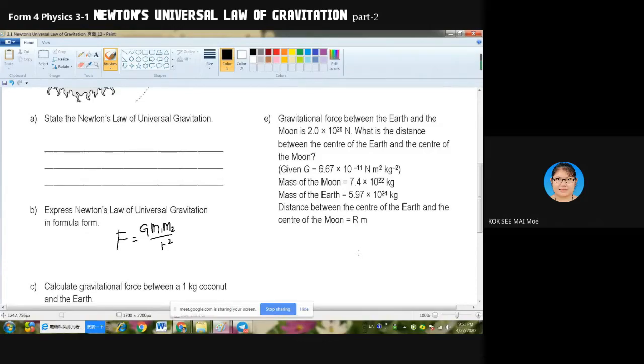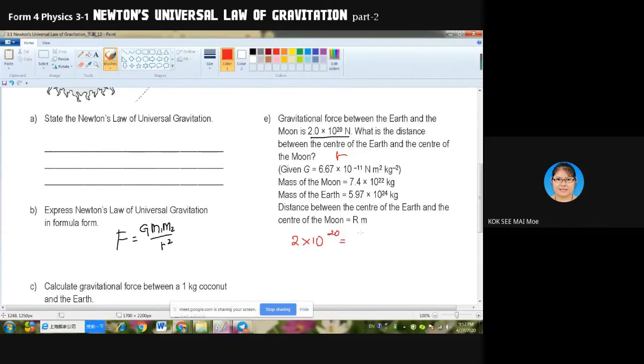Okay, the last one, E. Okay, let's see the E. Gravitational force again. F got already. Okay, now what is the distance? They want to find R. So F we know, times 10 to the power of 20.